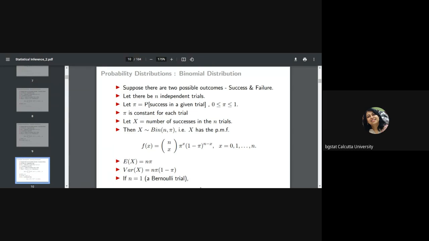Each repetition of the experiment can result in any one of two outcomes. I label these success and failure. I repeat this experiment n times and I make one key assumption. I assume that the trials are independent.